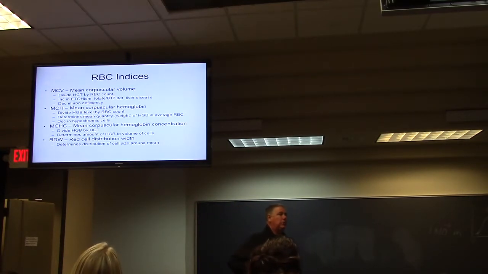MCV is the mean corpuscular volume. It's the average size of RBCs. You can see that it's done by just dividing the hematocrit by the RBC count. It'll give you the average size.